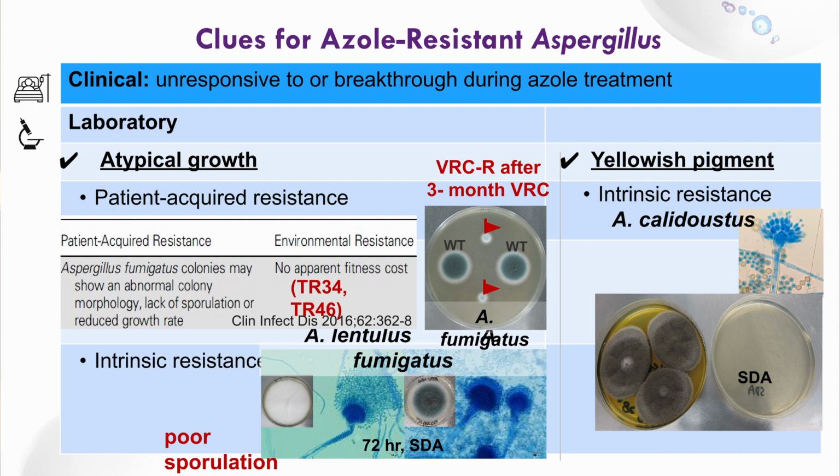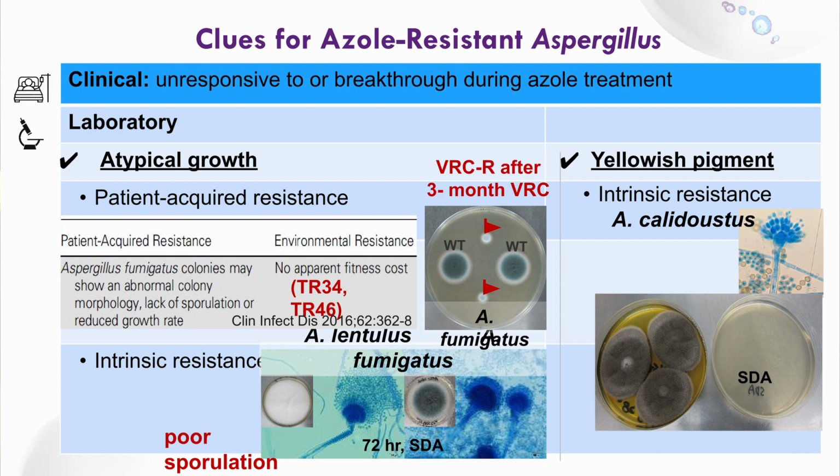The other example of atypical growth is Aspergillus lentulus. Aspergillus lentulus is intrinsically resistant to azoles, and under the microscope it looks exactly the same as A. fumigatus, but the sporulation is apparently impaired, so the colony appears whitish.